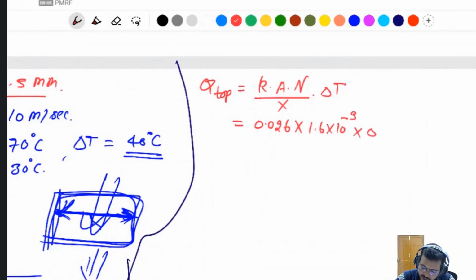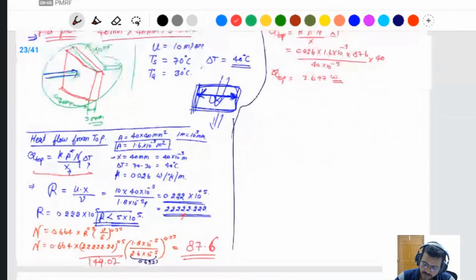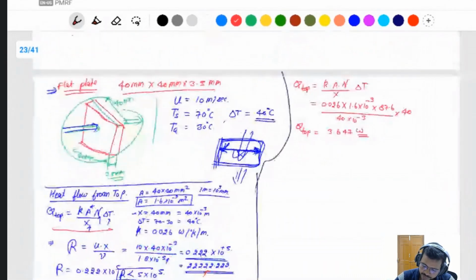The n value I calculated is 87.6. x will be 40 into 10 to the power minus 3. Delta T will be 40. To calculate this, I think this will be 3.647 watt. This will be Q top.